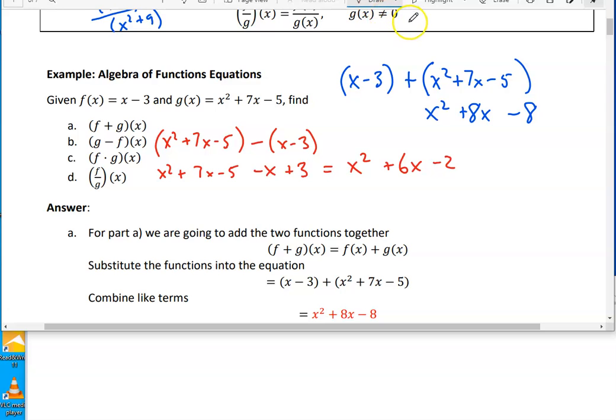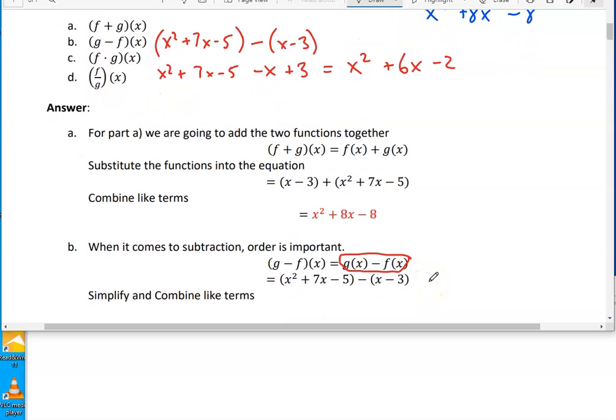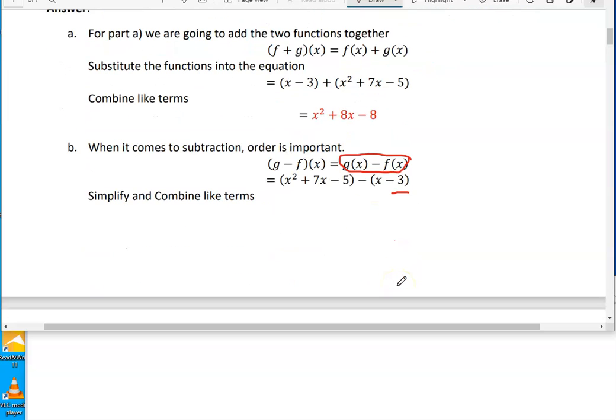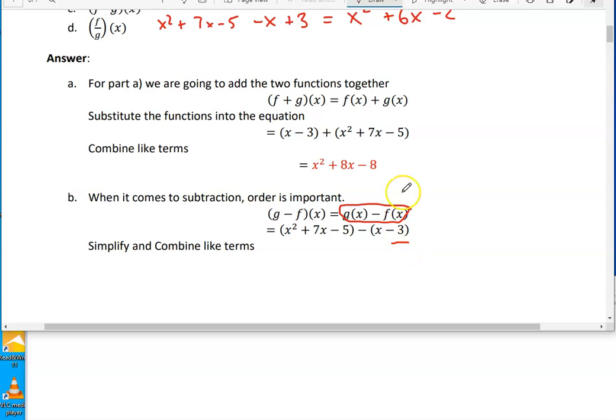Let's go down to their explanation of g minus f of x. See how it's the same as g of x minus f of x. They do put the parentheses in there because that negative 3, when you're subtracting, becomes a plus 3. And they jump ahead and just do the solution. They get x squared plus 6x minus 2. Yep, same answer.